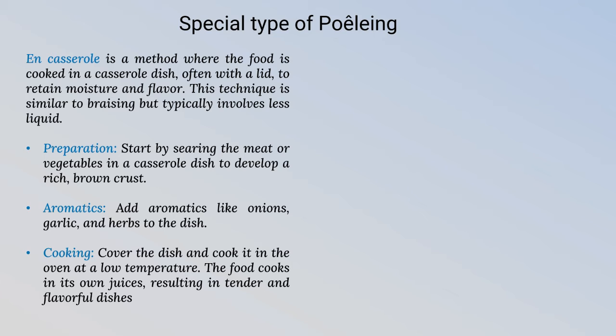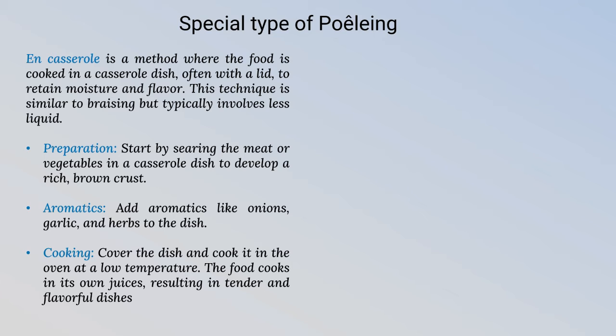The food cooks in its own juices, resulting in tender and flavorful dishes. That is very obvious. So first preparing, then adding aromatics, then cooking it in the casserole with a lid on top on a low flame, so that the meat will be cooked in its own juices. That is all the story about a casserole.